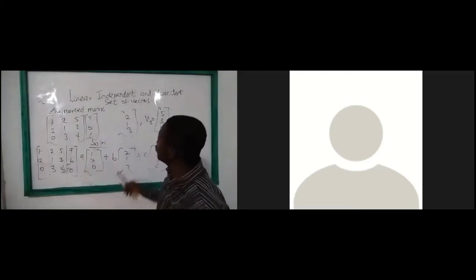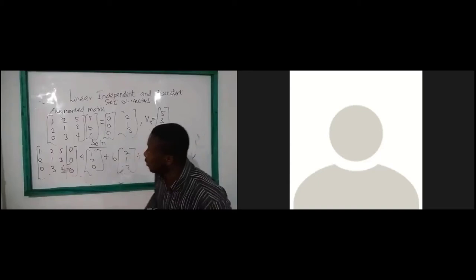We are saying that it should be equal to what? 0. So it means that this should be equal to 0, 0, 0. So in that case, the augmented matrix here will now be 0, 0, and then 0.